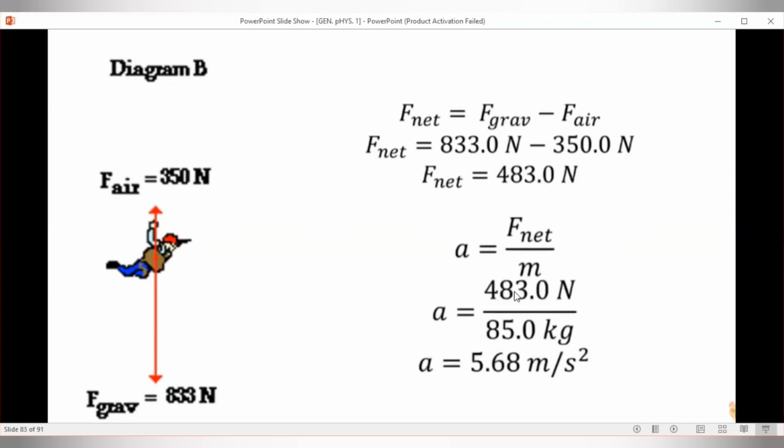Dividing 483 by 85 will get 5.68. Again, 1 newton is equal to 1 kilogram meters per second squared, cancel kilogram, therefore you have meters per second squared as the unit of measure. Alright, so for diagrams B, C and D, it's your time now to practice.